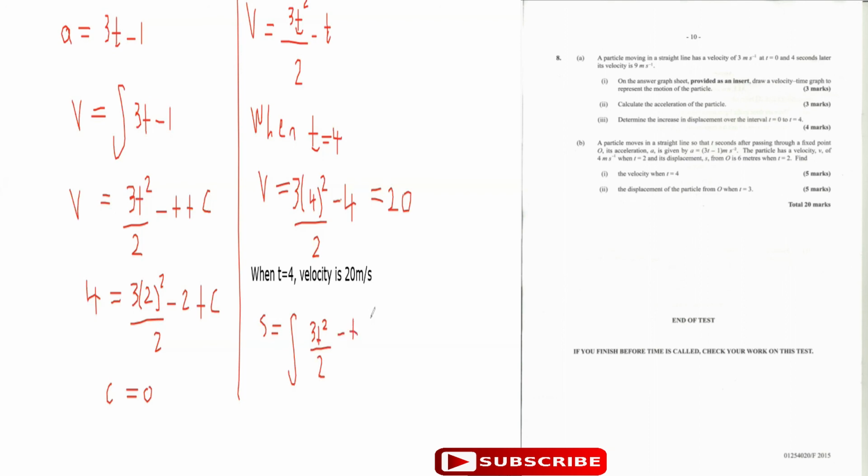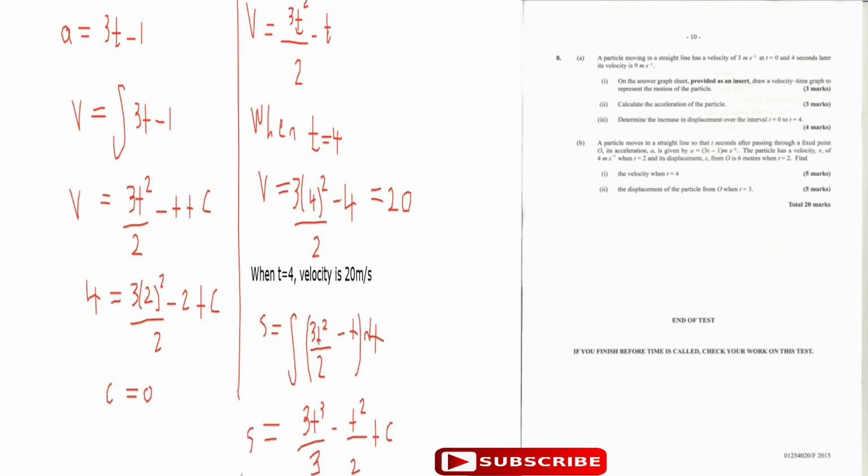When we integrate this with respect to t, add 1 to the power, so we get 3t cubed over 3 minus, this becomes t squared over 2, plus some constant c.